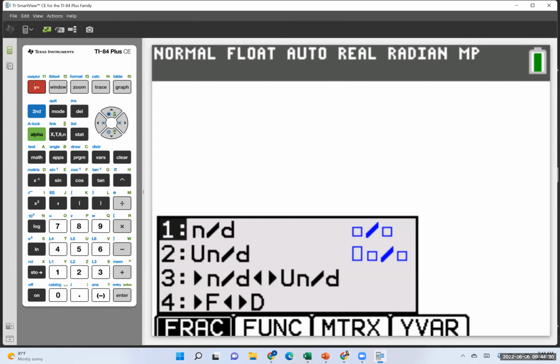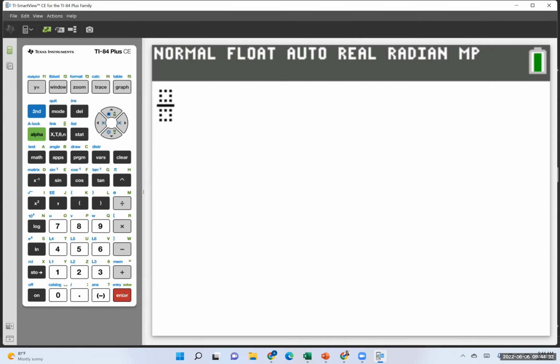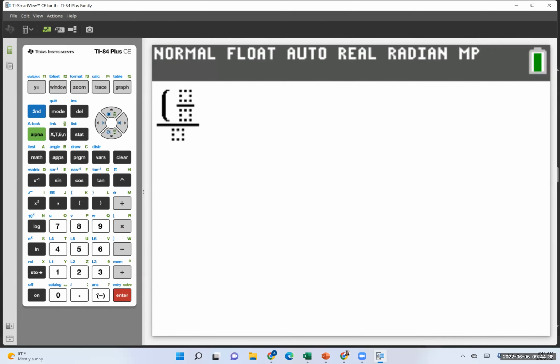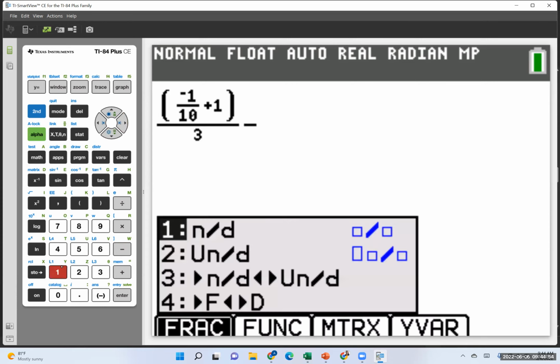So second y equals, okay, and in the top parentheses, then we're going to put another fraction in, which is our -1/10. Okay, plus 1 over 3. Okay, minus 1/2.